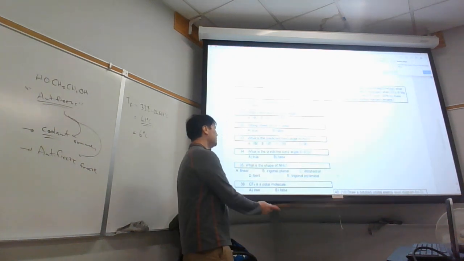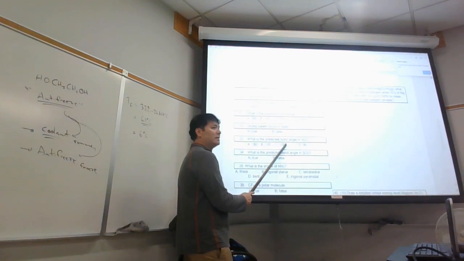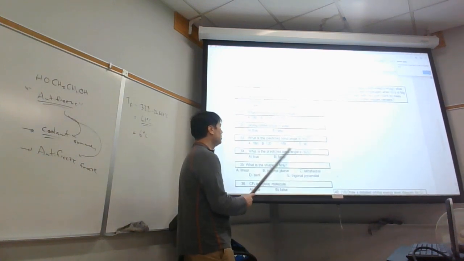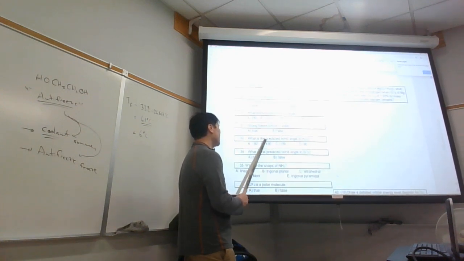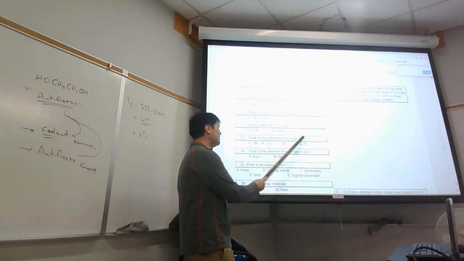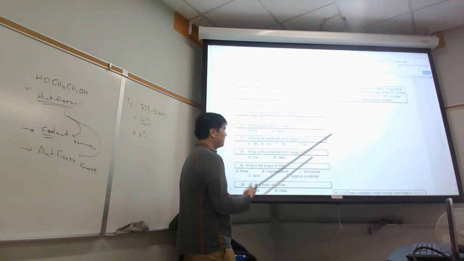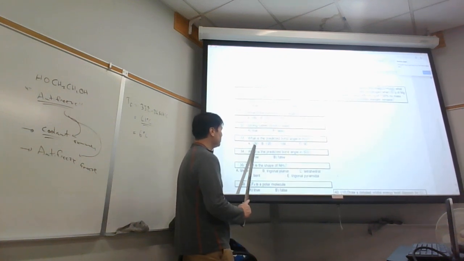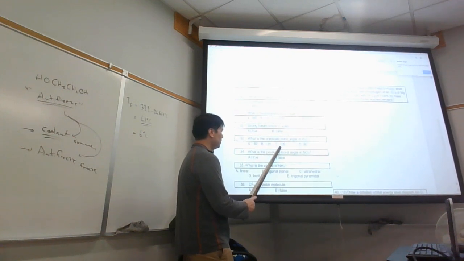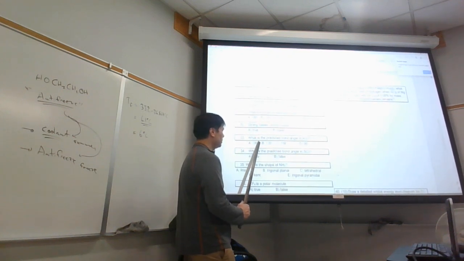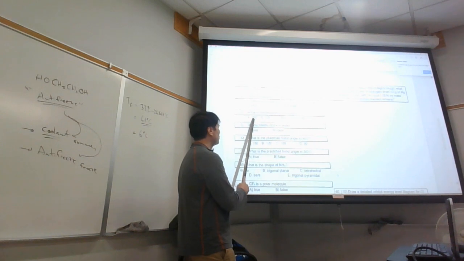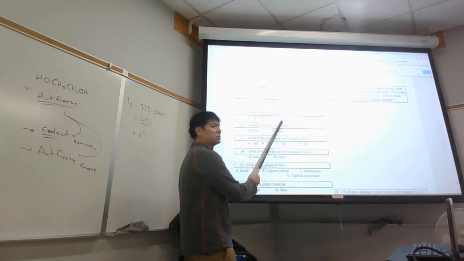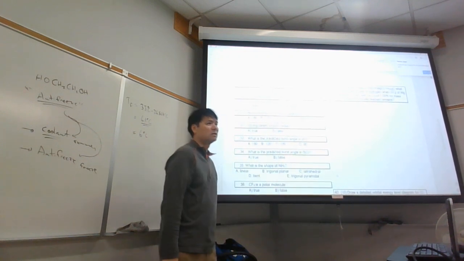Right, because you'd be debating, am I talking about the ideal or the distorted? And so that's why I put it in here. What is the predicted, what is the ideal bond angle? Well, ideal could be the distorted, you know. So anyway, since we don't talk about it, at least they don't talk about it in the book, we'll just go with these. Some of these questions came from the book, so I just used the answers as is.